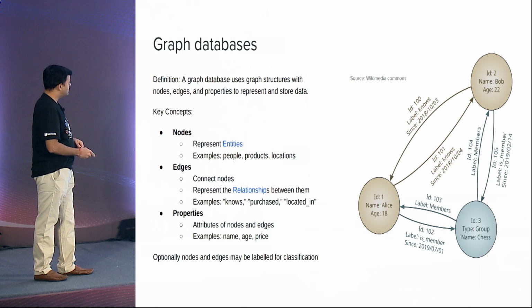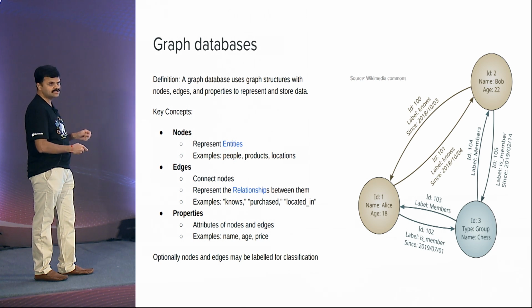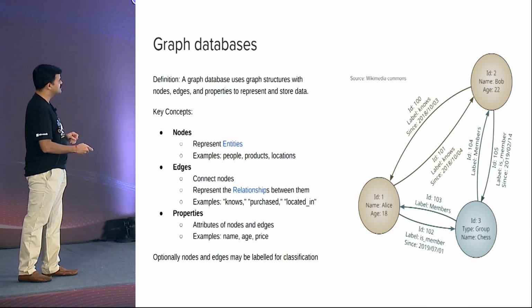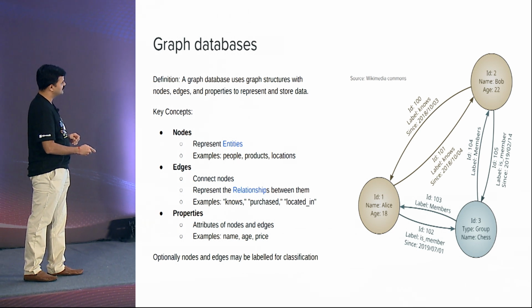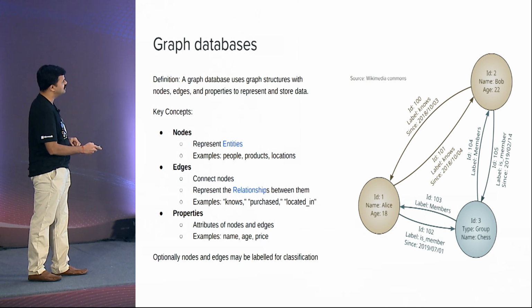Now, what makes this graph a database is the properties or attributes of node and the edges. For example, you will see that the node corresponding to Alice also has property age. It also has an ID, which is the ID of the node.